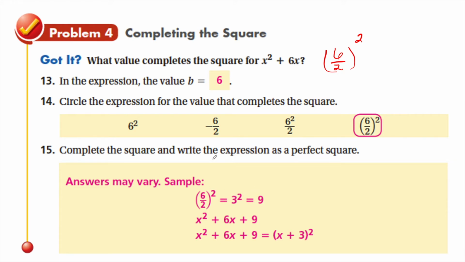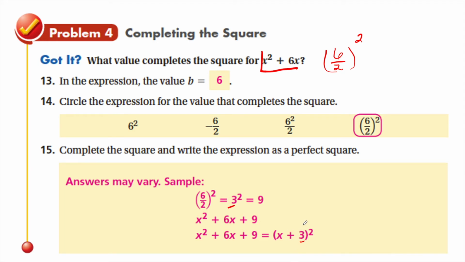So if I wanted to complete the square, I'm going to add 9 to the x squared plus the 6x, or the original portion, and then I'm going to simply factor it out. So if I were to factor it out, you'll end up getting x plus 3 squared. Now it's very important because notice 6 divided by 2 turned into 3, and notice we use a 3 inside the factored form.